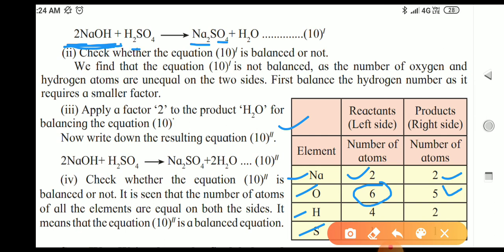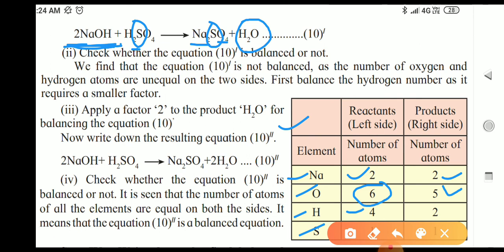So total hydrogens are 4 in the reactant, and in the product side there is H2O, so 2 hydrogens in product and 4 hydrogens in reactant. Then sulfur is 1 in H2SO4 and sulfur is 1 in Na2SO4. So sulfur is 1 and 1.